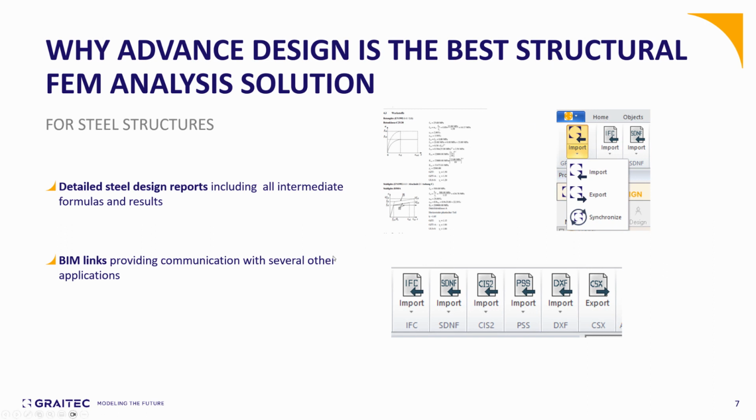And finally, besides our main BIM link, GTCX, which we will go into in more detail shortly, Advanced Design can also talk to other typical file formats. You see some of them here: IFC, SCIA, and others, even DXF. If you have a project in DXF format, you can import it in Advanced Design.